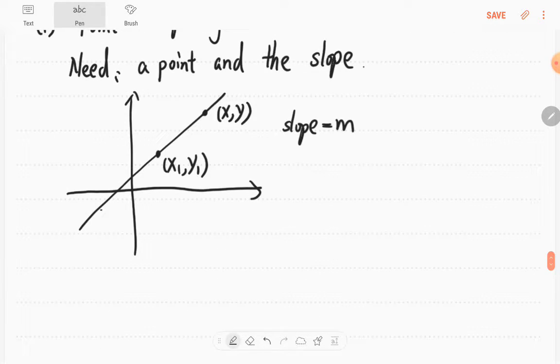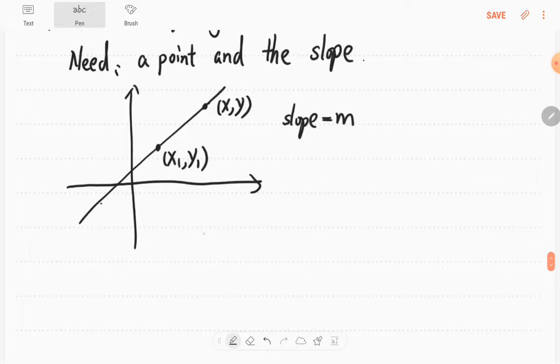So if we have x, y, we can always use these two points to find the slope. So the slope m is equal to y minus y1 over x minus x1. Since x and y are variables, and m, y1 and x1 are given, this actually forms an equation in two variables, right?